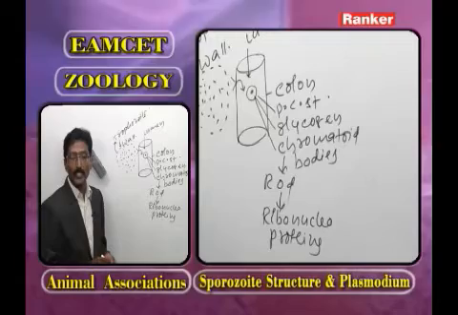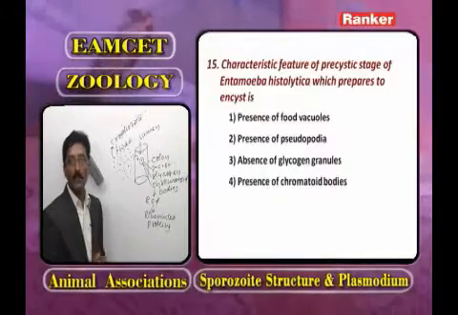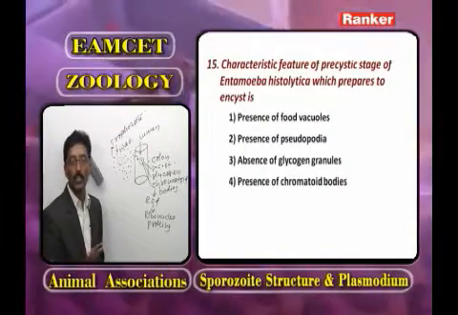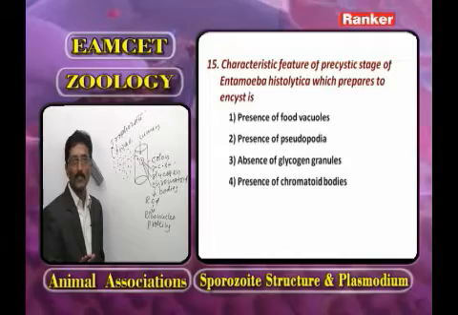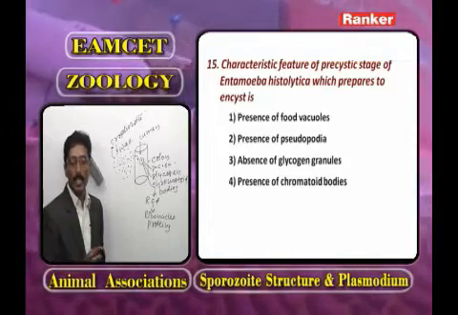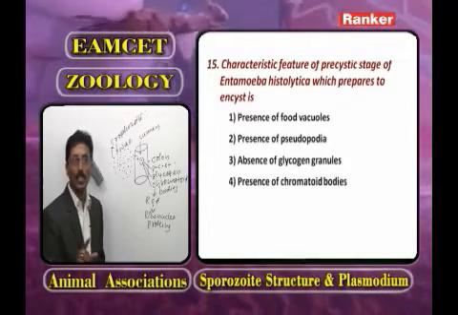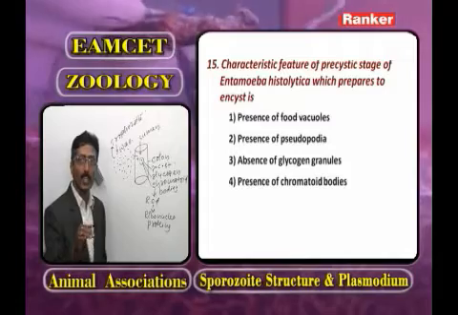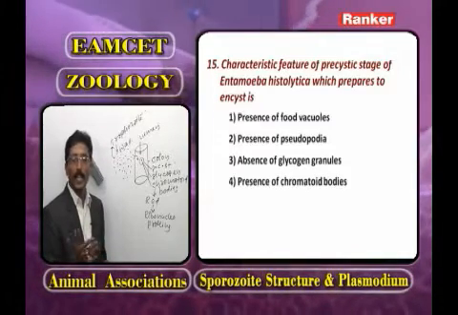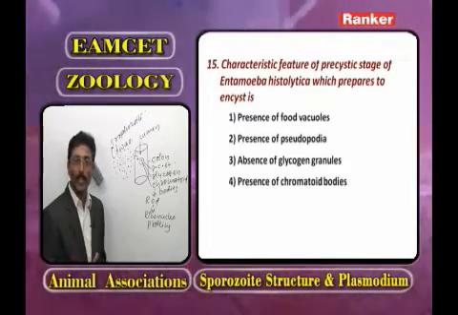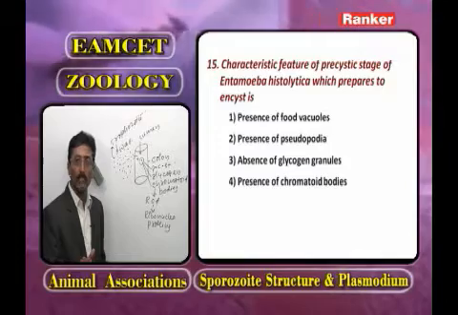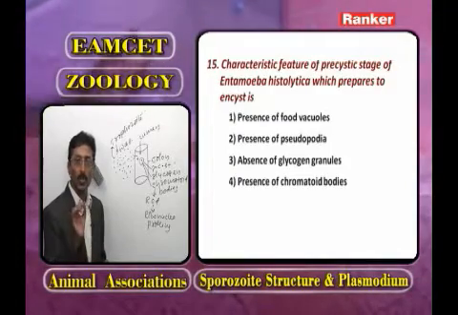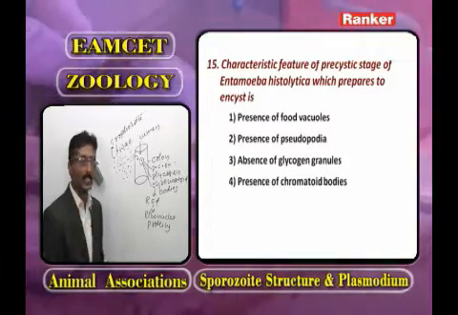Now here, what is the correct answer? Presence of food vacuoles: in the pre-cystic stage, no food vacuoles. Presence of pseudopodia: no pseudopodia. Absence of glycogen granules: wrong, in the pre-cystic stage glycogen granules are present. And the fourth one, presence of chromatoid bodies. Based on chromatoid bodies and glycogen granules, we can identify the pre-cystic stage.